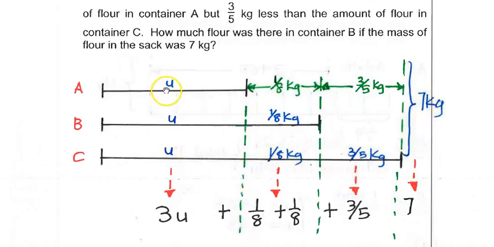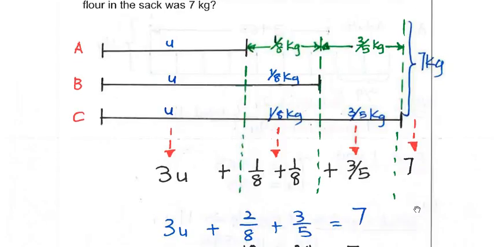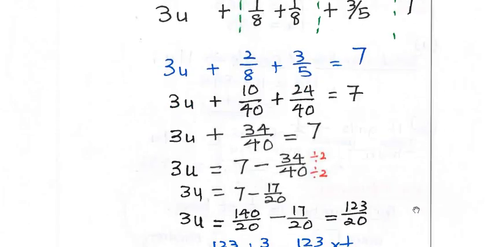Can you see? 3 of this same amount of kgs here. We just put 3 units. There are 2 1/8. Don't include this. This is just the difference on top. This one 1/8, 1/8. Put 2 1/8 and 1 3/5. So 3 units plus 1/8 plus 1/8 plus 3/5 is 7. Alright, now if you work it out, pause here, you see for yourself how I work it out.